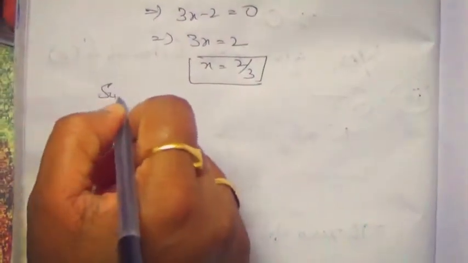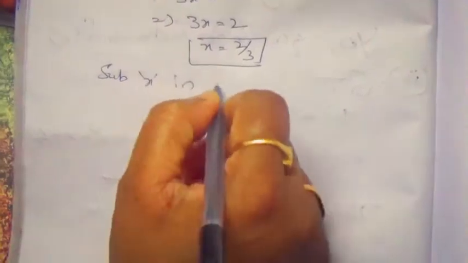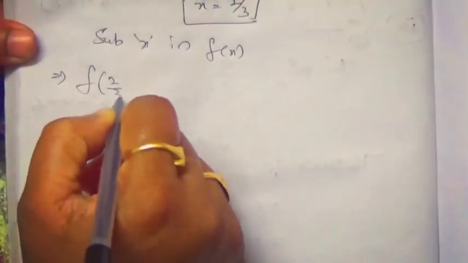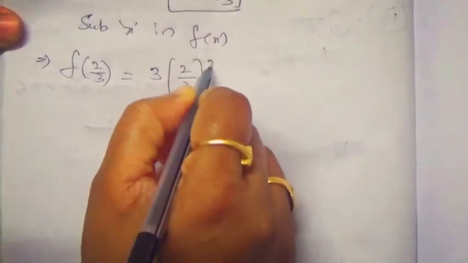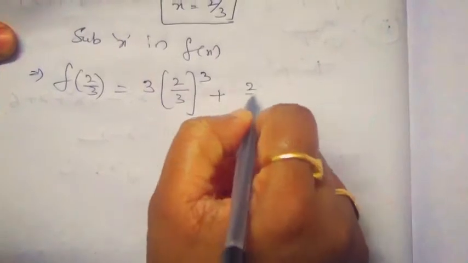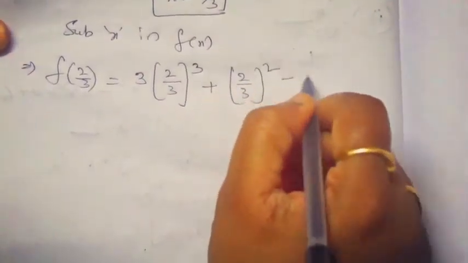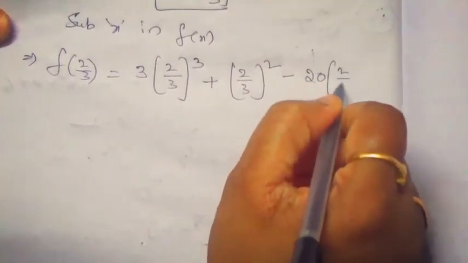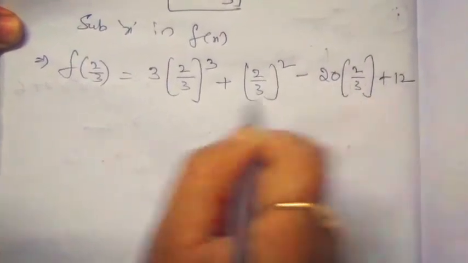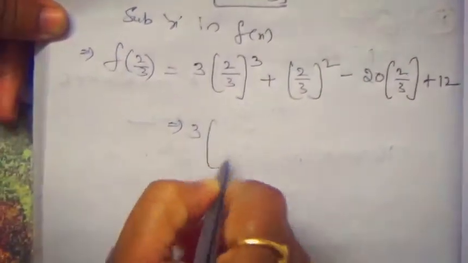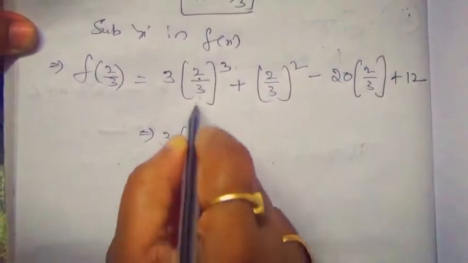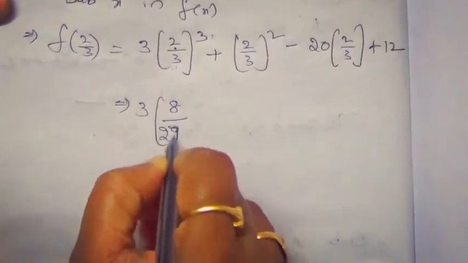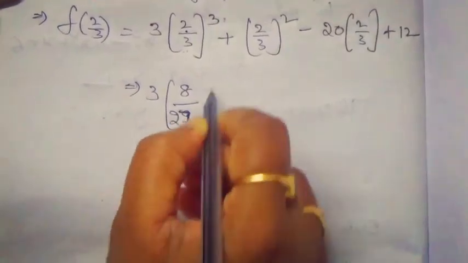So substitute x in f of x, that implies f of 2 by 3 is equal to 3 of 2 by 3 whole cube plus 2 by 3 whole square minus 20 of 2 by 3 plus 12, that implies 3 of 2 cube means 8 by 3 cube means 27, because 3 has to multiply 3 times, no?